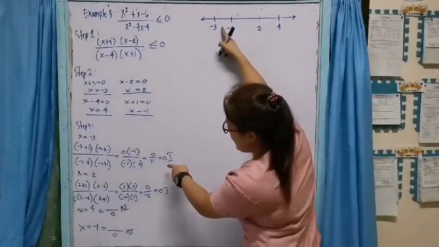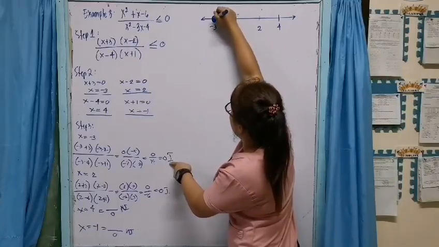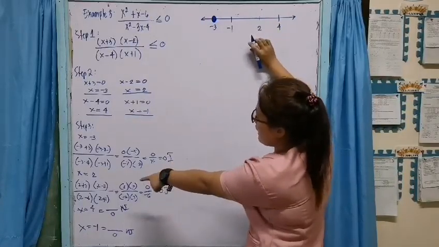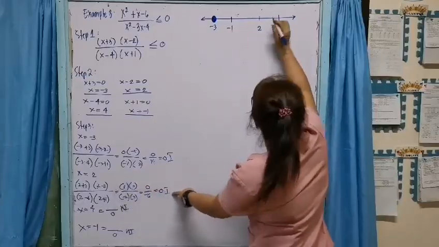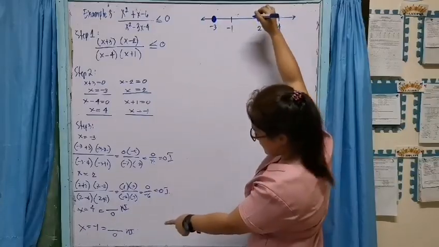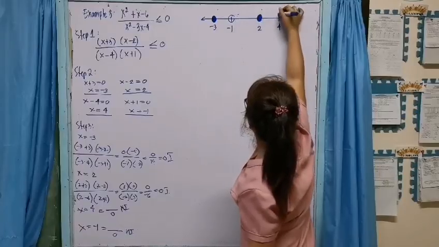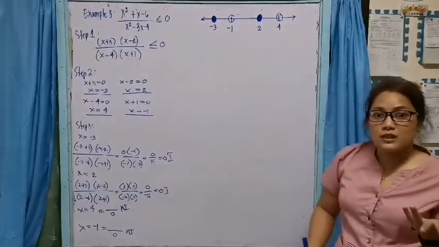Negative 3, is it included? Yes, so that is a closed circle. Positive 2 is included. And negative 1 is just an open circle.